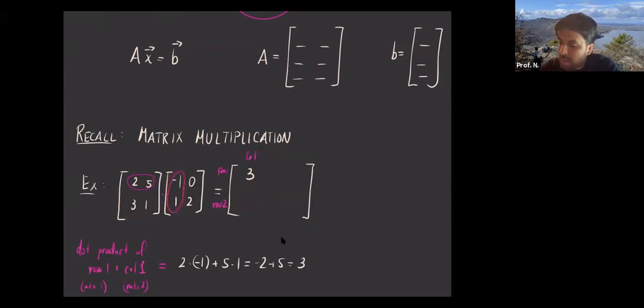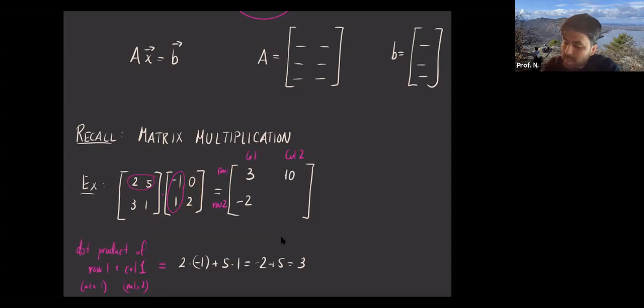So this becomes 3 times -1 is -3, plus 1 times 1, which is -2. Then the next entry, row 1, column 2: I multiply 2 with 0, which is 0, plus 5 times 2, which is 10.